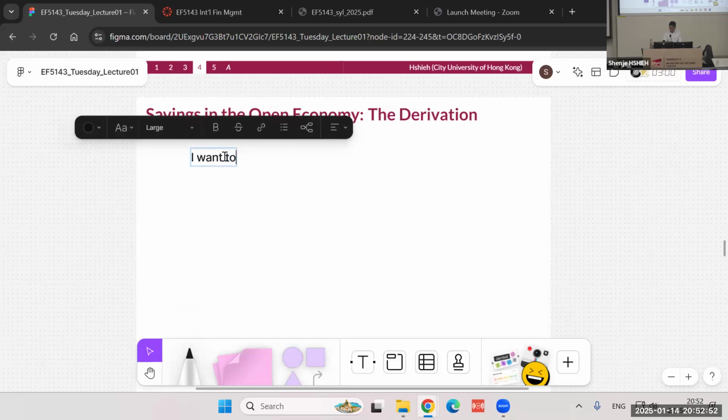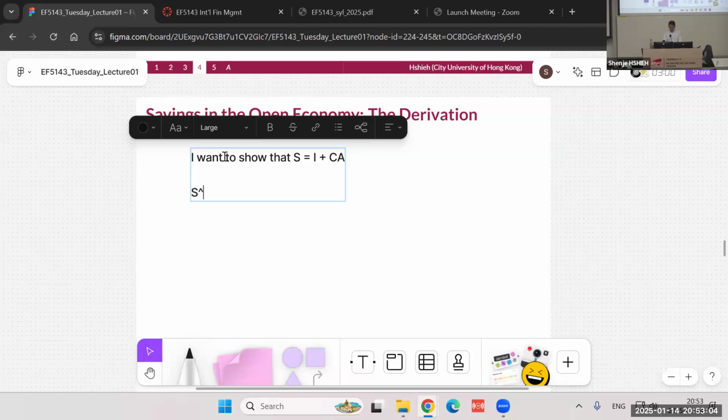So I want to show that S equals I plus CA. S stands for total savings, savings domestically and savings abroad. Let S superscript P represent private savings. We can easily derive private savings using those macro variable definitions, right?